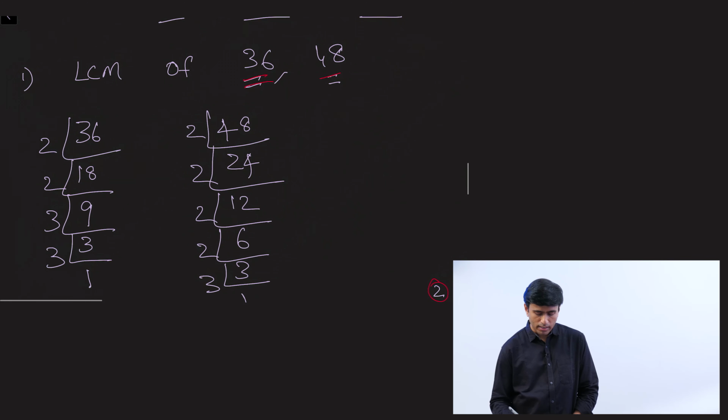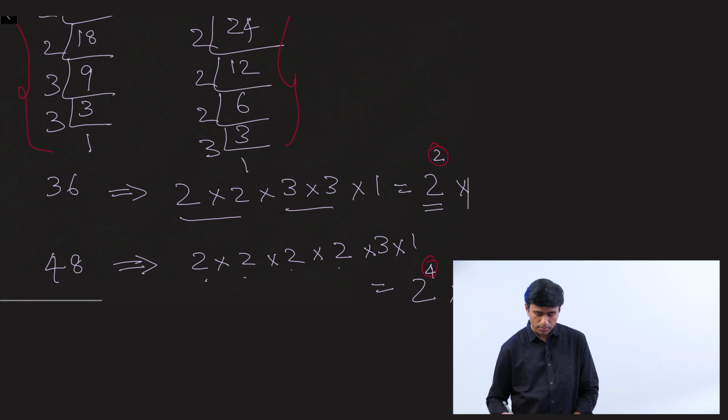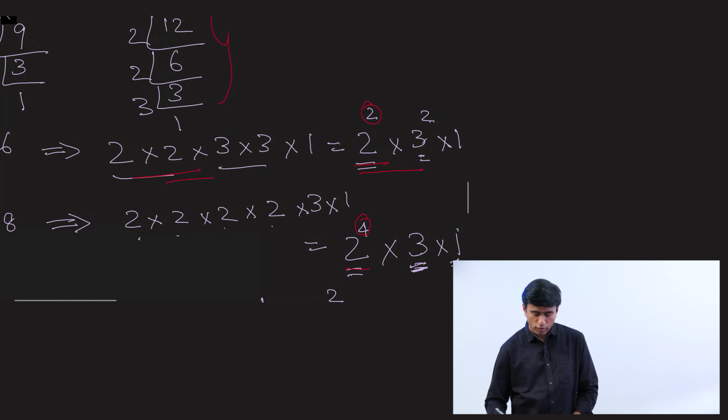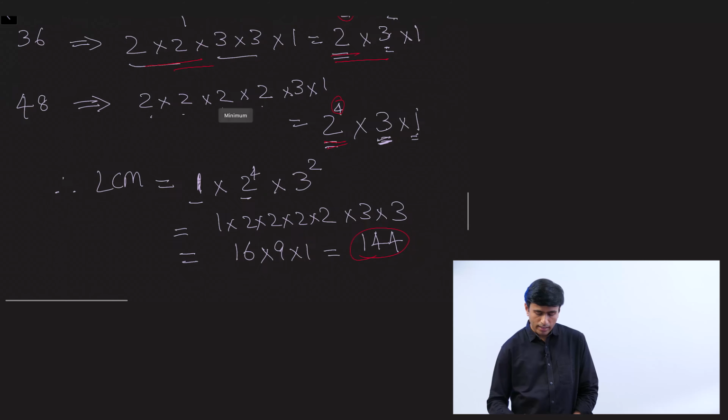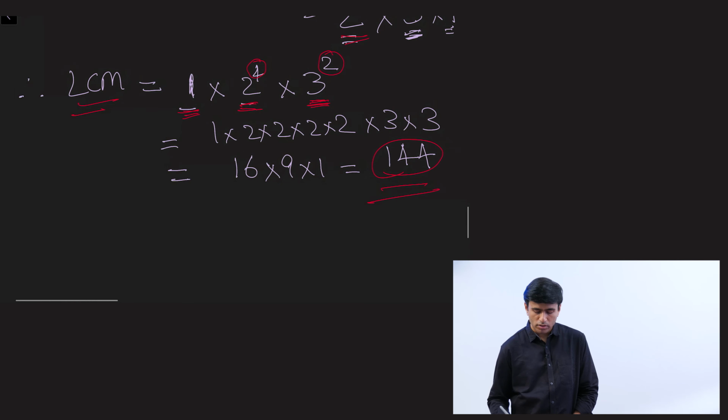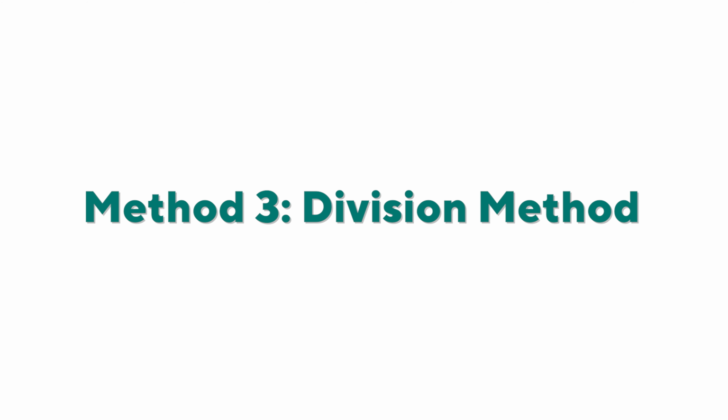So when two numbers are given, you list the prime factors of both the numbers, write them in exponential form, and then the LCM becomes the product of all the factors but only the highest powers. You take all the factors but take only the highest powers of those factors. That becomes your LCM. Now let's go to method 3, division method.